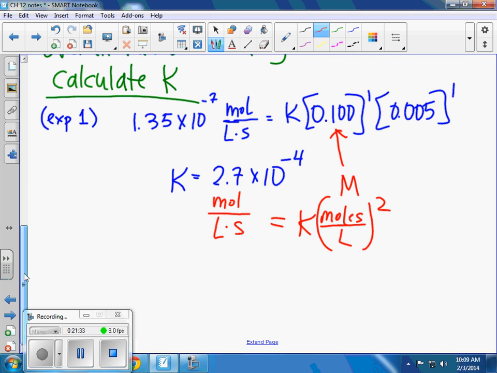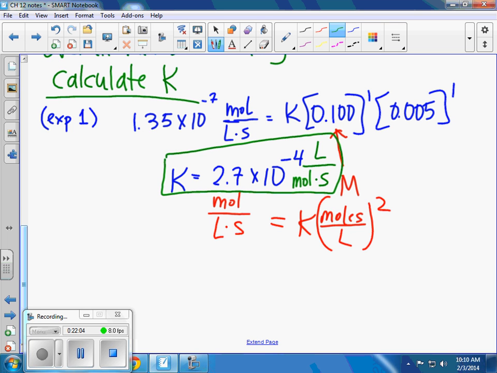I'm solving for K, so am I actually multiplying by the reciprocal of this one then? Right? And cancel that all out. So would you agree then that my units are going to be liters over mole second? Can you see that from here? Yep, you flip that over, cancel it all out, you should get this right here.